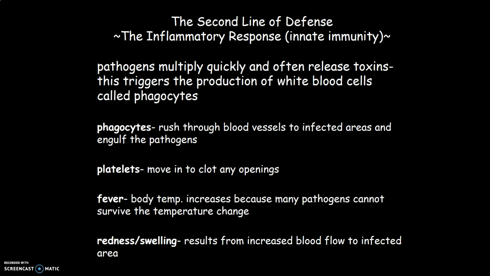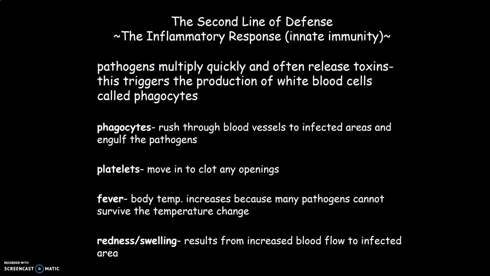There are also other forms of defense that enhance our innate immunity, such as fever. When we get sick, one of the first signs is that our body temperature goes up. This is because a lot of these pathogens can't survive that temperature change.